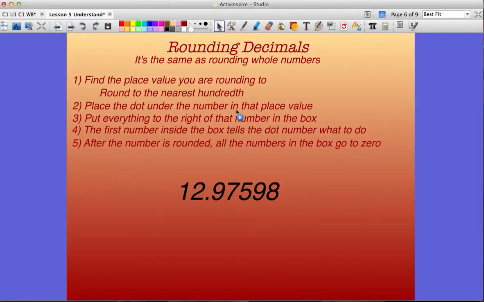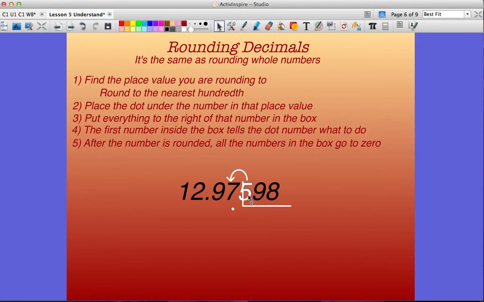Right, so we find the number in the hundredths place. In this case, it's the 7. We put our dot under the 7. We put everything to the right of that number in the box. Okay, just like we did before, nothing changes. The first number inside the box tells the dotted number what to do. So this 5 is going to tell the 7 what to do.